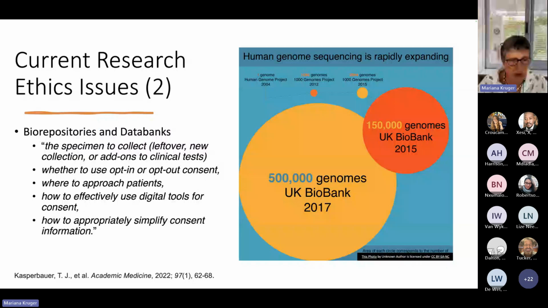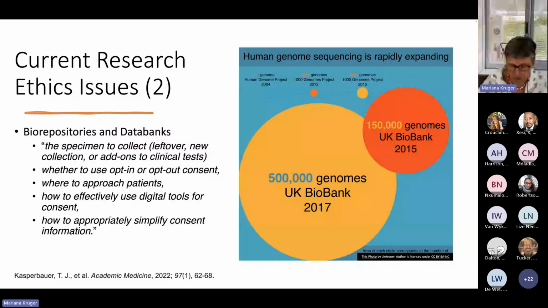You have to decide what you're going to collect, what you're going to add, how you're going to opt in or out, and how you're going to ensure that the participant who is donating material or data understands it, given how to approach them and how to make sure that they understand all the information.